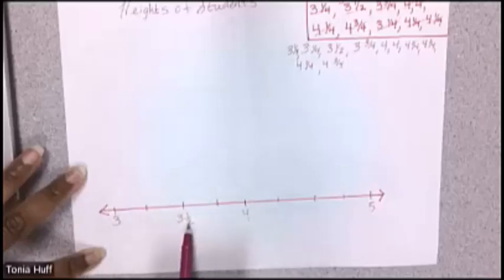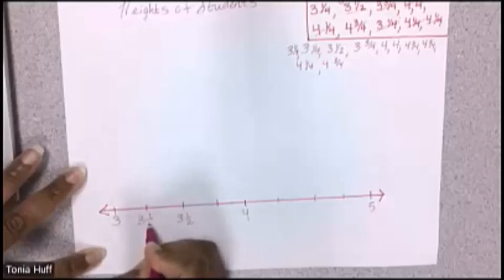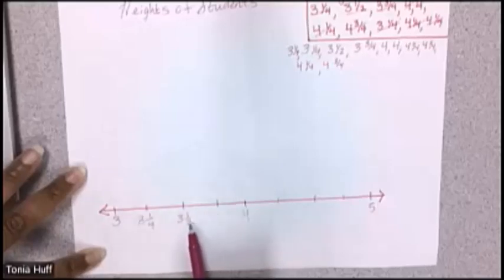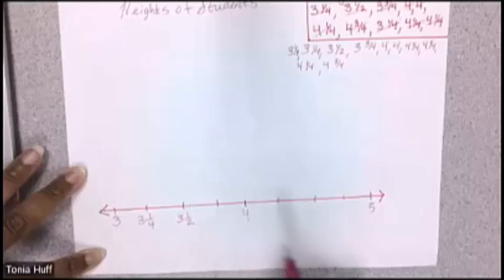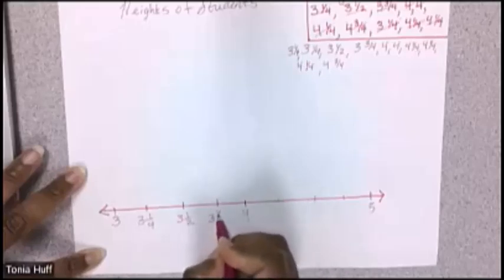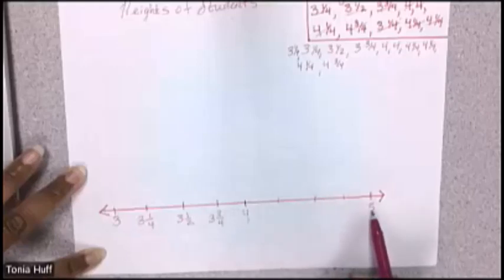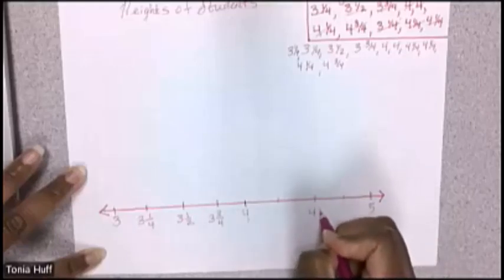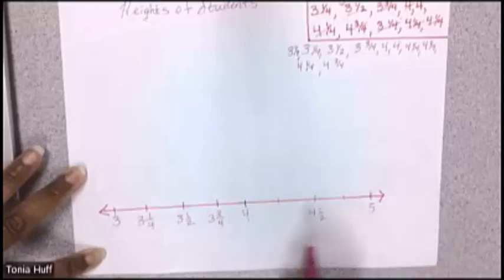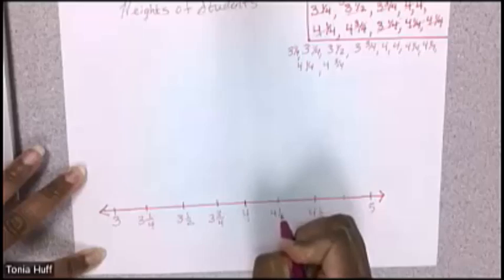Halfway between 3 and 3 1/2 is going to be 3 1/4. Halfway between 3 1/2 and 4 is going to be 3 3/4. And then halfway between 4 and 5 is going to be 4 1/2. Halfway between 4 and 4 1/2 is 4 1/4.